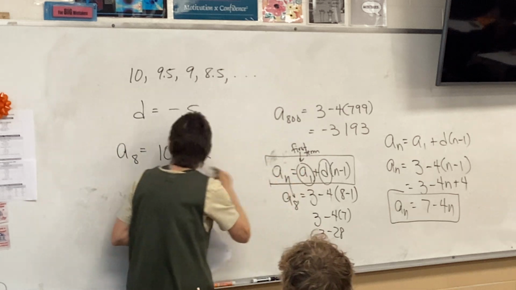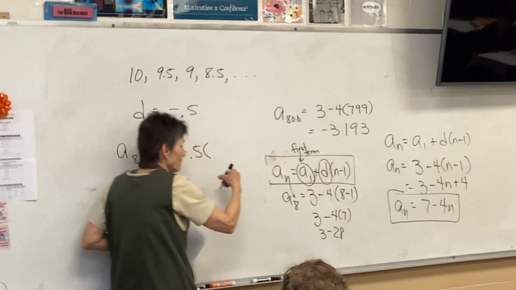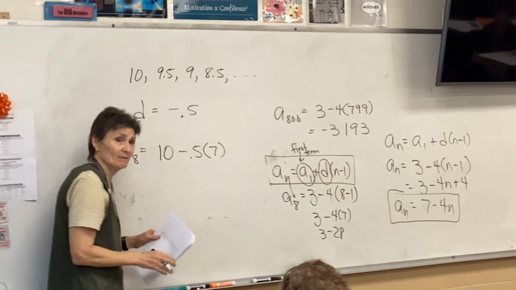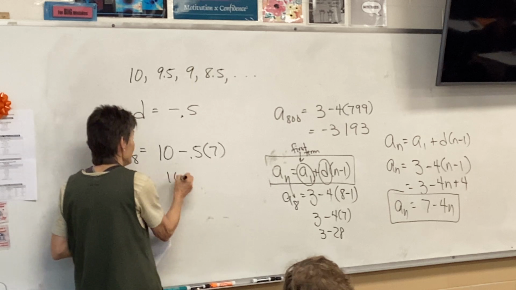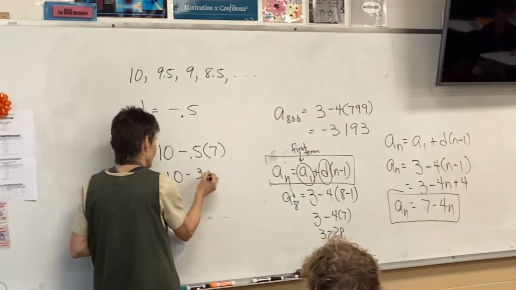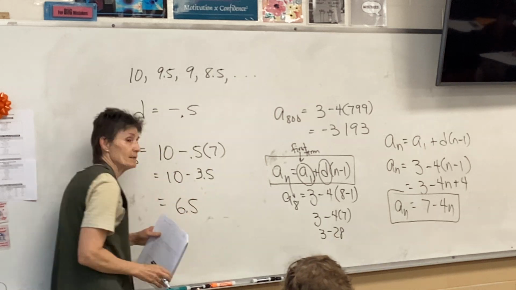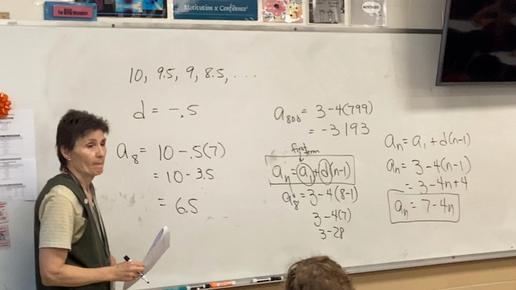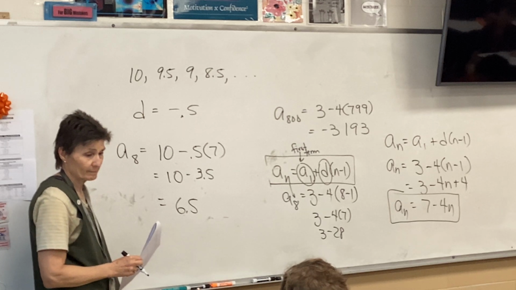Now remember, n is 8. So what will n minus 1 be? 7. So we have 10 minus 0.5 times 7. So it looks like your 8th term is 6.5. Again, you have a calculator to help you with all of your arithmetic.